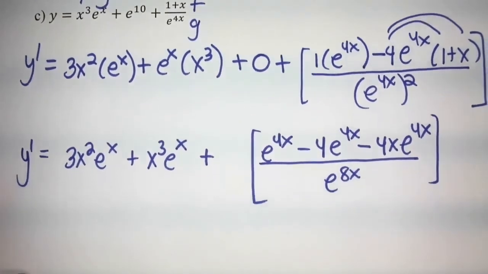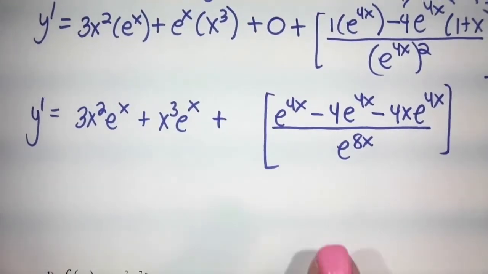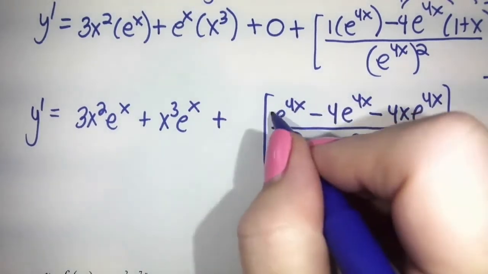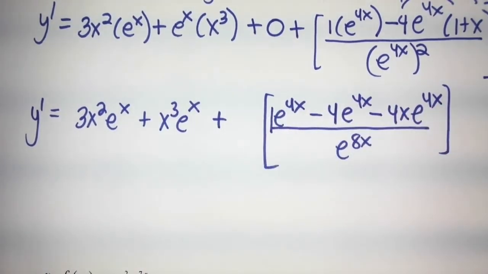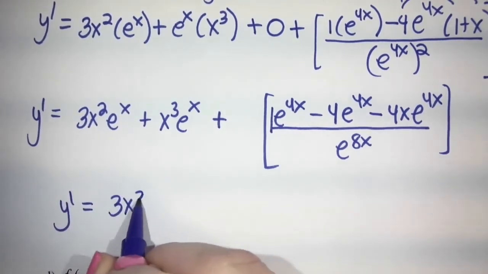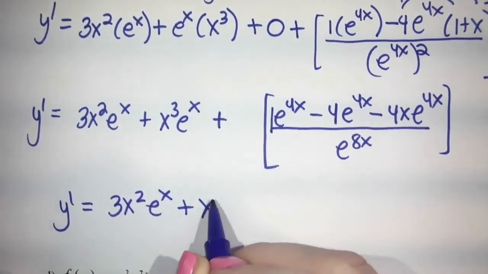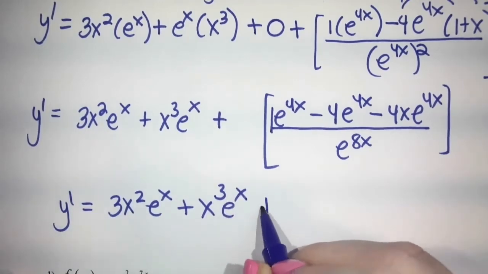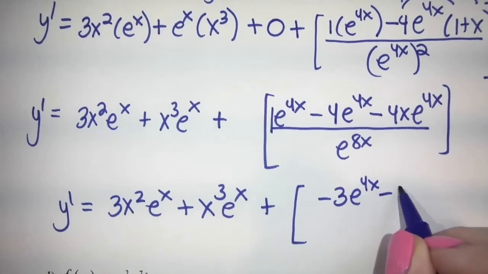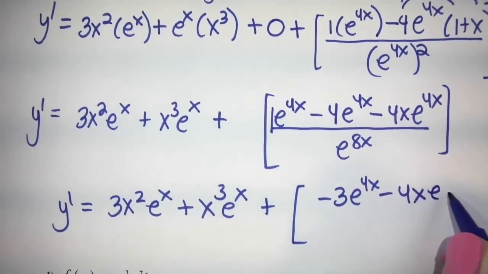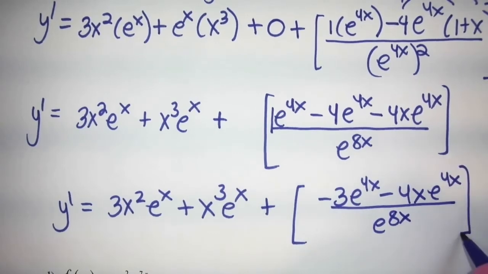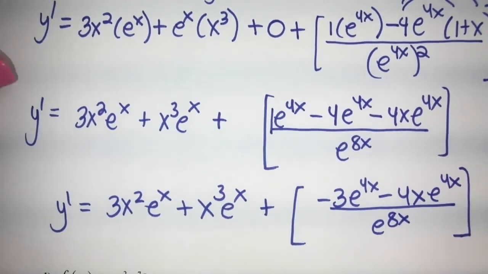And I guess what we could do is simplify just the first 2 terms here, because this is 1 e to the 4x minus 4 e to the 4x. So negative 3 e to the 4x minus 4x e to the 4x, all over e to the 8x. And that would be our answer.